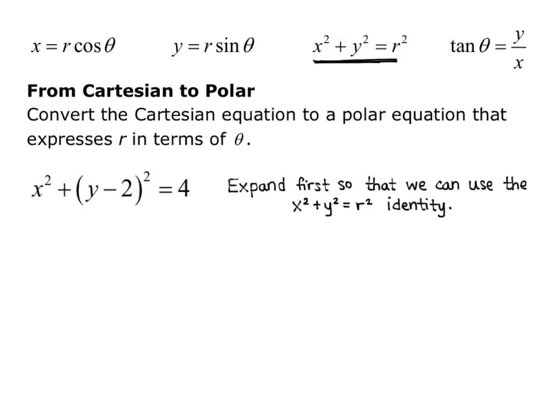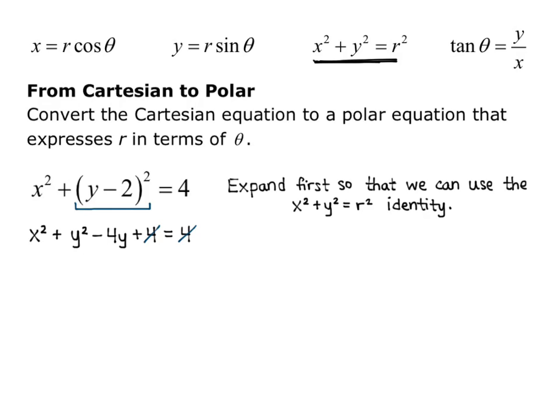So I'm going to expand first so that we can use the x squared plus y squared equals r squared identity. So I FOIL out the y minus 2 quantity squared, and I get x squared plus y squared minus 4y plus 4 equals 4.